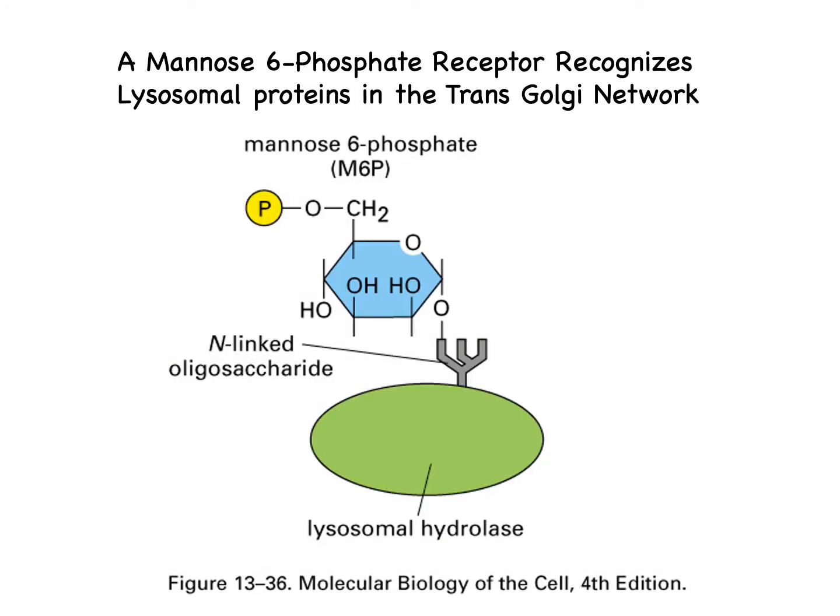Now there's a receptor that recognizes lysosomal proteins by the carbohydrates on the surface, and these contain a mannose residue. So this is a signal placed on proteins that are headed to the lysosome to direct them to those lysosomes.